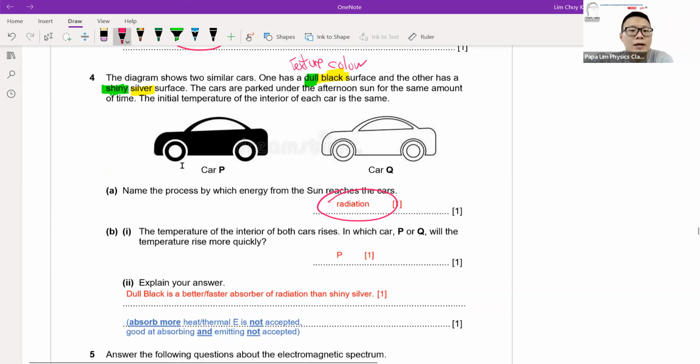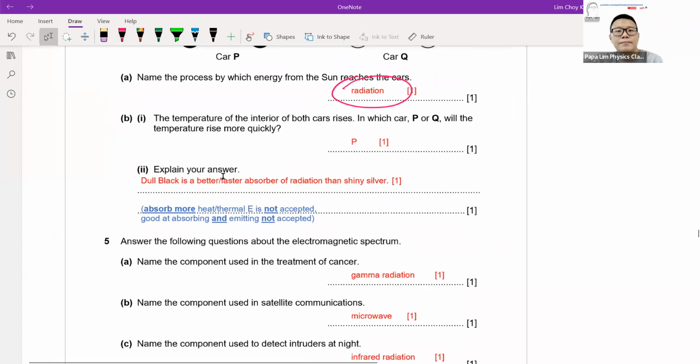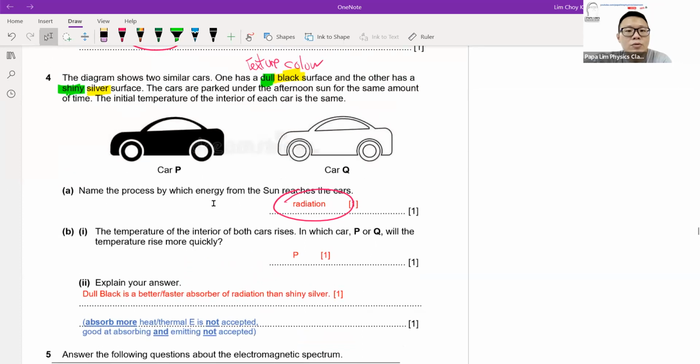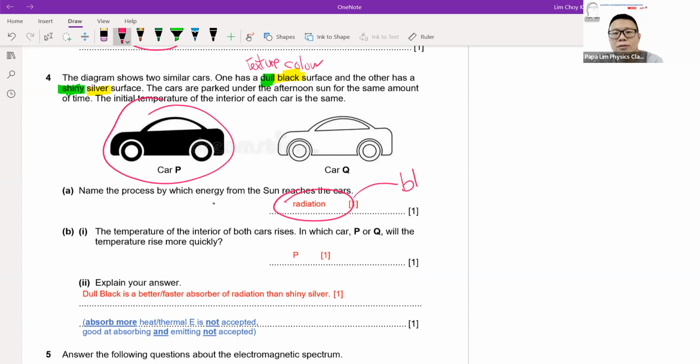The interior of the car heats up faster. P and Q, which one rises more quickly? Definitely the answer has to be P. Why? When we look at radiation, black is always a good absorber and a good emitter. When we talk about black, we have dull surfaces and big surfaces.